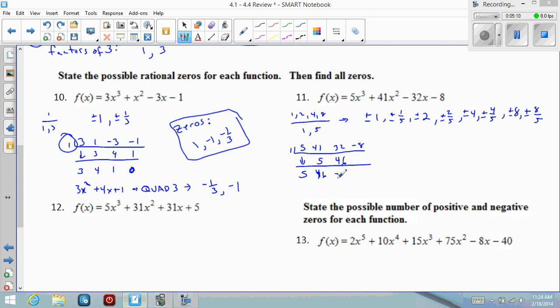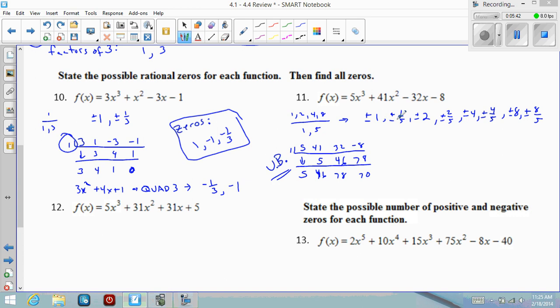I add, I'm going to get 78. And then times 1 is 78, and I add, I get 70. Obviously not a 0, but I got all positive numbers here. So this 1 is an upper bound, UB, okay? So that means I'm not going to try positive 2, positive 4, positive 8, or positive 8/5. So none of those are going to be numbers to test.